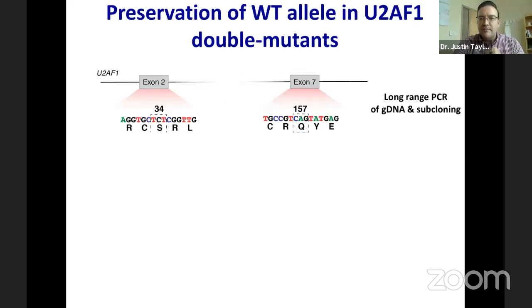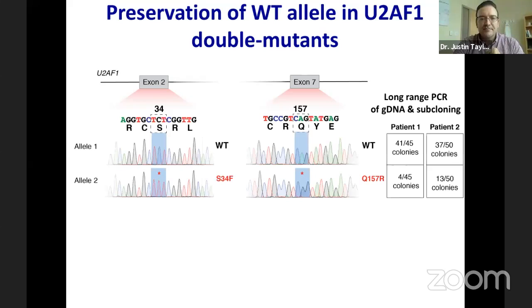And using those same samples, we did some subcloning and long-range PCR to look if these mutations occur in cis or if they're on different alleles. And you can see every time that we found a wild type allele in the S34, we always see a wild type in the Q157.